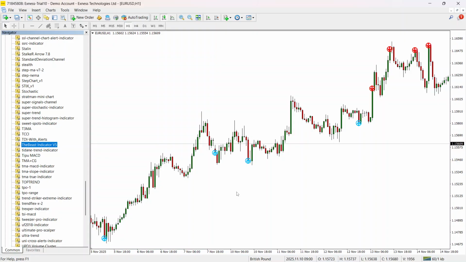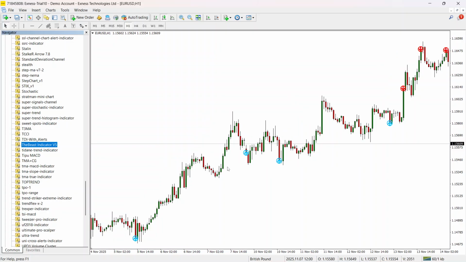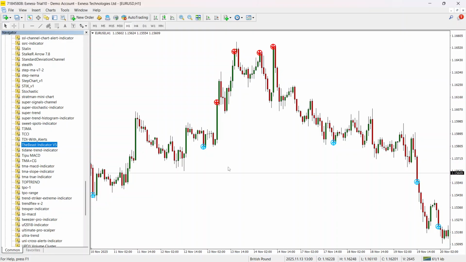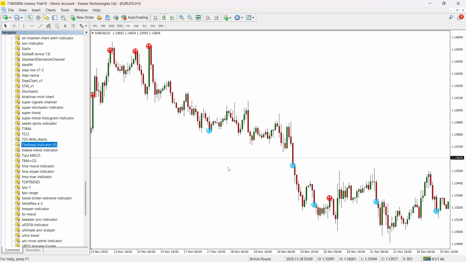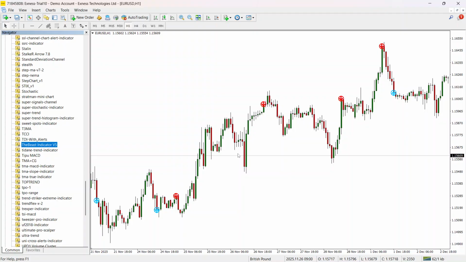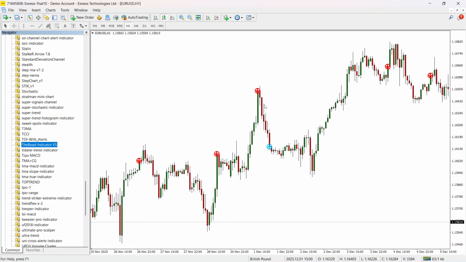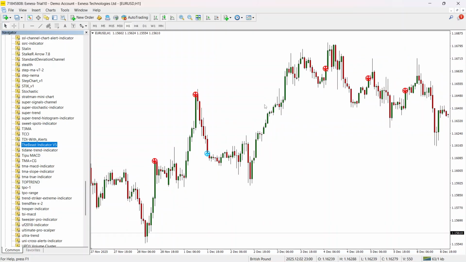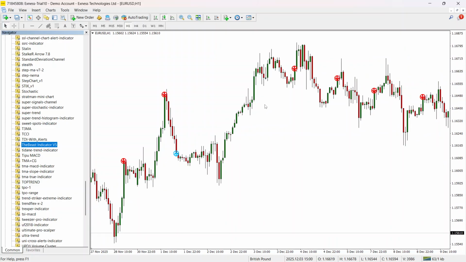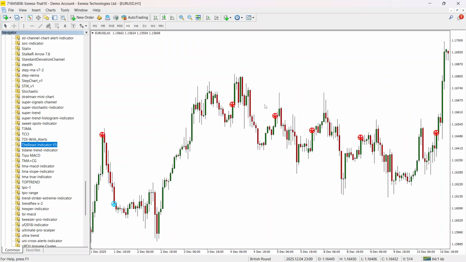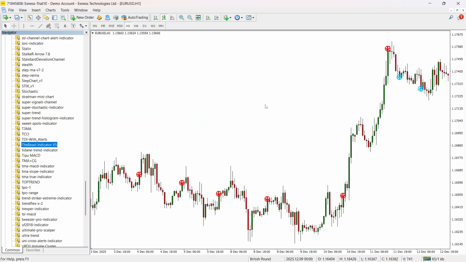Upward arrows appear as blue below price when the underlying oscillators collectively suggest oversold or strengthening bullish conditions, while downward arrows appear above price as red arrows when they collectively suggest overbought or strengthening bearish conditions. The arrows are designed to stand out clearly against the candles, so you can quickly see where the tool has flagged a potential buy or sell opportunity.